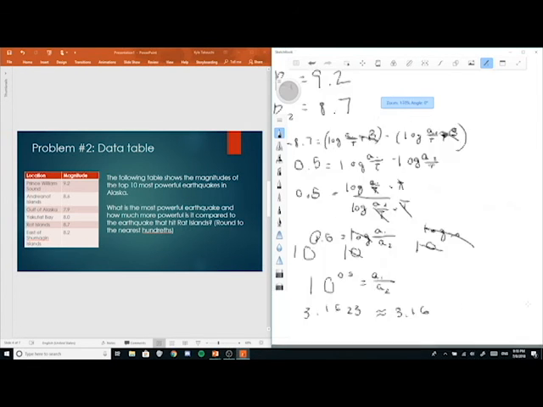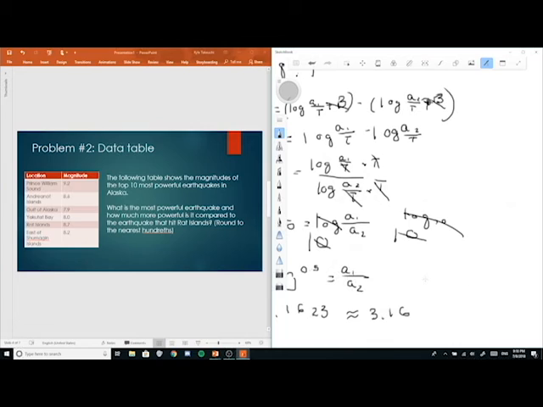So that means Prince William Sound had an earthquake that was 3.16 times more powerful compared to Rat Islands. And that is basically number 2.